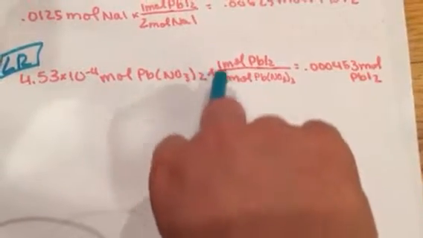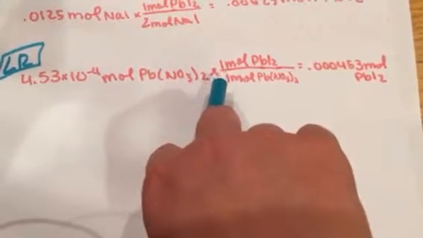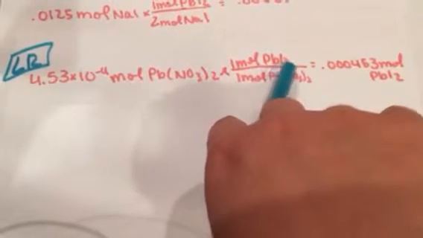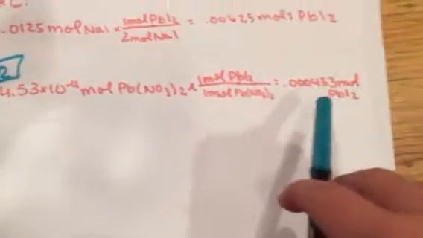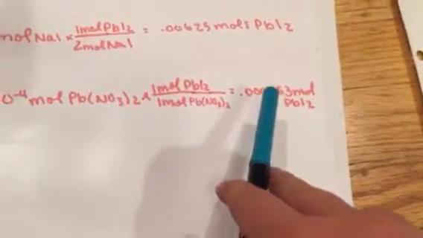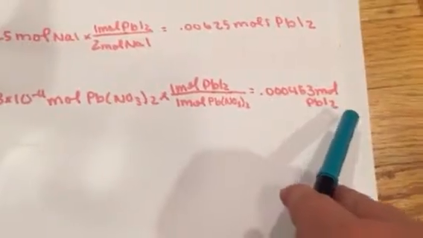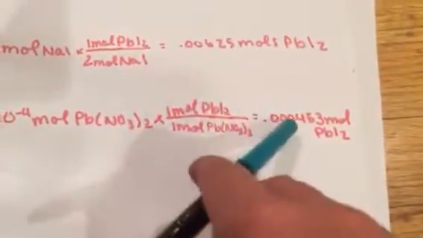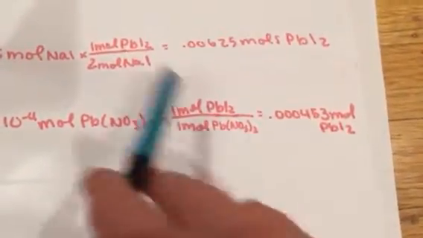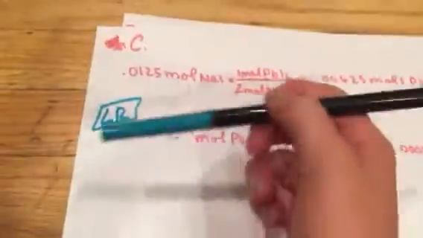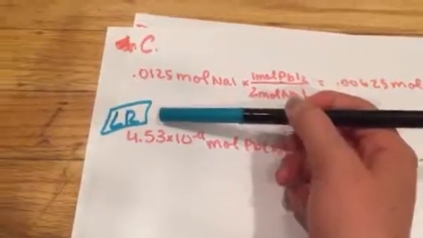It's a 1-to-1 ratio with the equation, so it's going to be 1 mole on the bottom, 1 mole on top. We convert it into PbI2, and that gives us 0.000453 moles of PbI2. When we look at our two answers, this one is a smaller number, so it's going to run out first in the reaction, so it ends up being our limiting reactant.